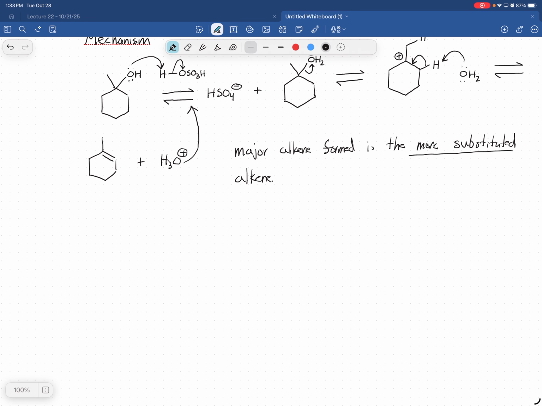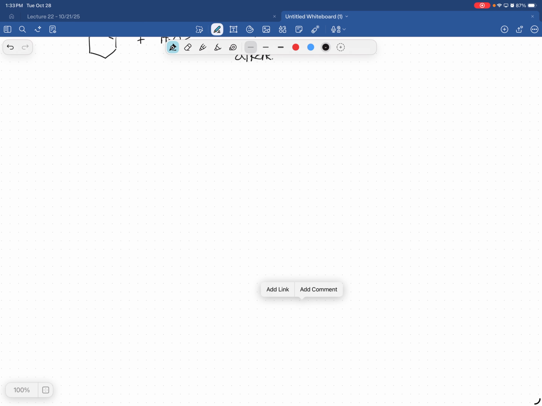So we talked about primary and secondary alcohols. Now let's talk about rearrangements. We're going to do an E1 reaction and carbocation rearrangement.